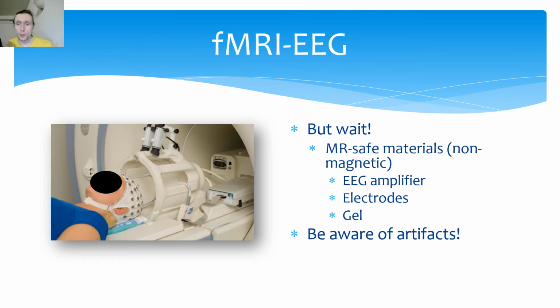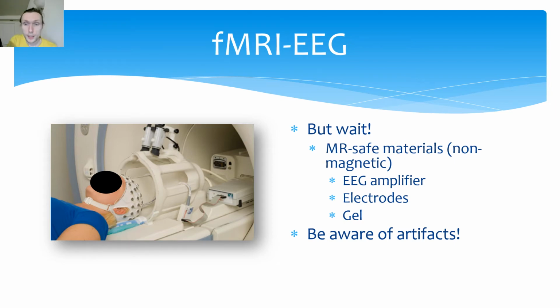Because first of all, you need to have specific materials. You cannot simply put any EEG system in the MRI machine. Why not? Because it's not MR safe, because it has magnetic materials, like metal, for example. So you need to have an EEG system that only has non-magnetic materials.